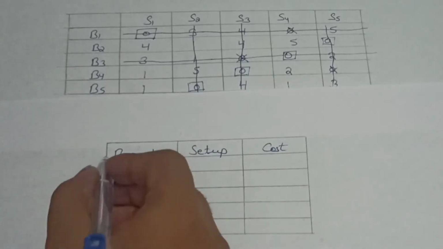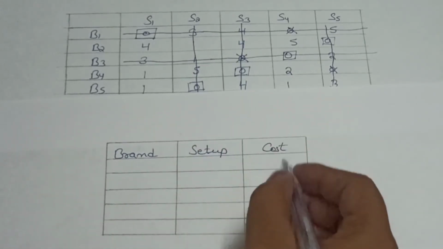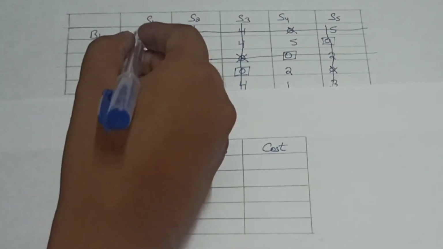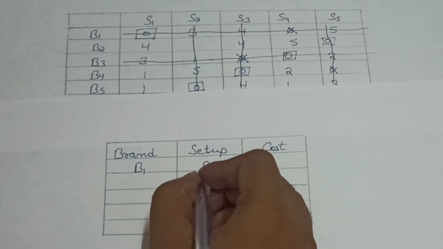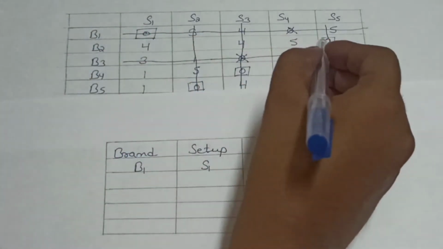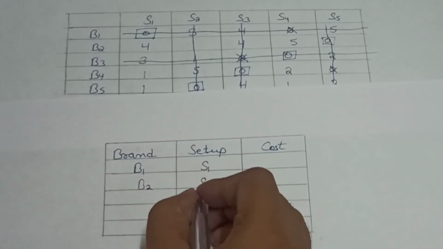So students, here we will write brands, here setups and here cost. First of all, our brand is B1 and setup is S1. In the second, B2 and S5.